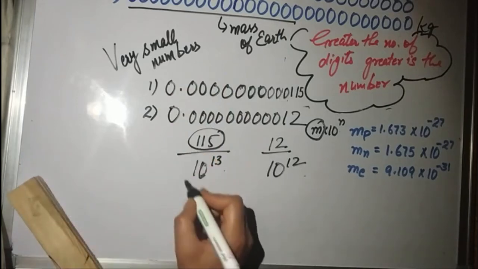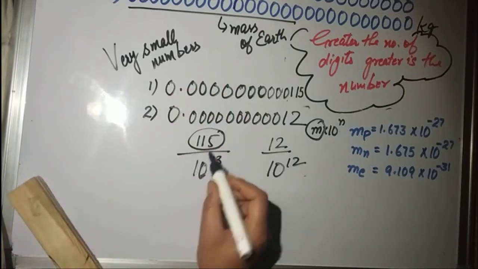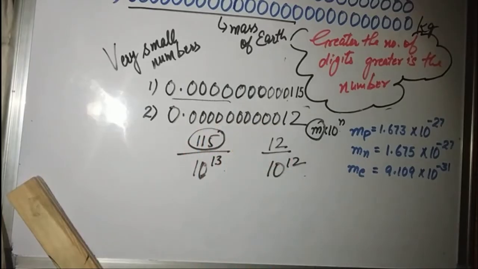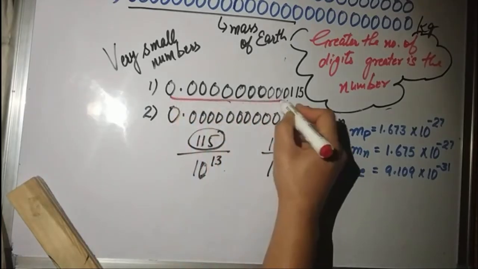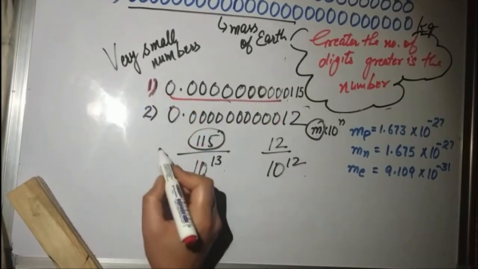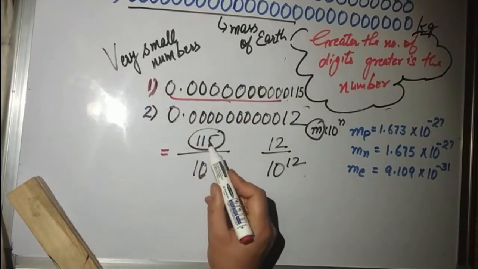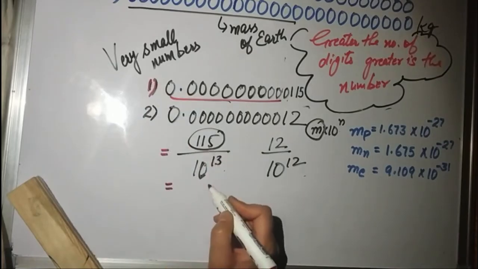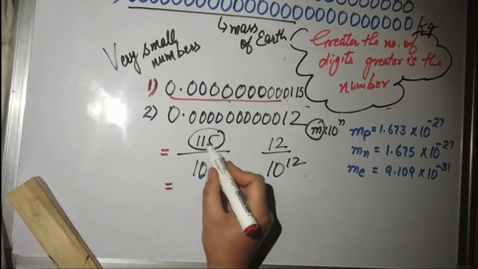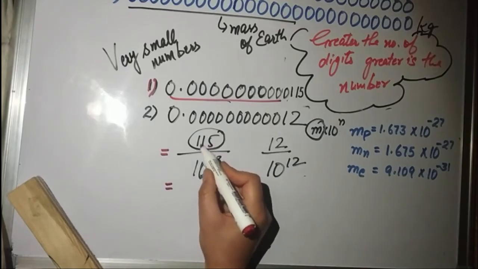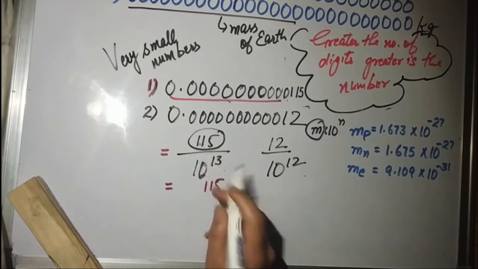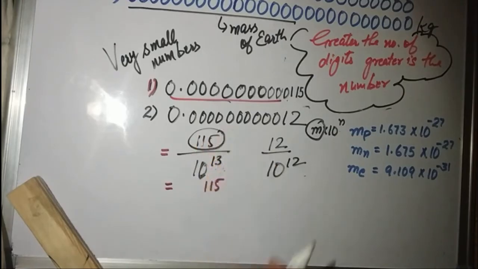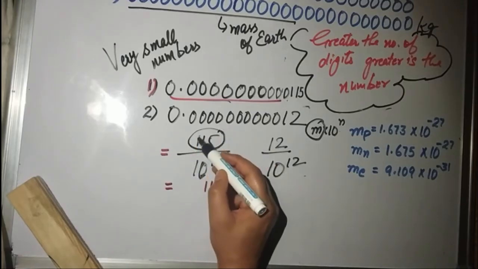So how to keep it as a 1-digit number? So what did we do? This is equal to this over 10 raised to power 13, but I have to make it a 1-digit number. That means I have to divide it by 100. I have to bring the decimal here, so I have to divide it by 100.